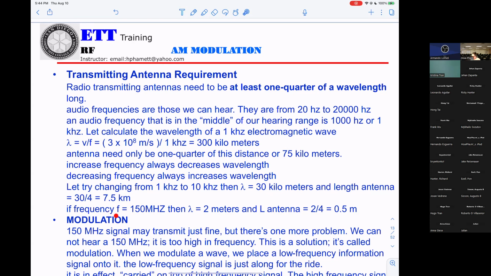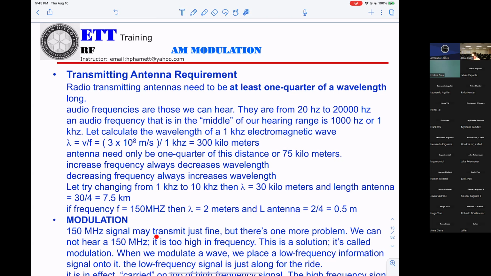If frequency equals 150 megahertz, then lambda equals 2 meters, and the antenna length will be 2 divided by 4. You get 0.5 meter. So at higher frequency, the antenna length will be shorter.